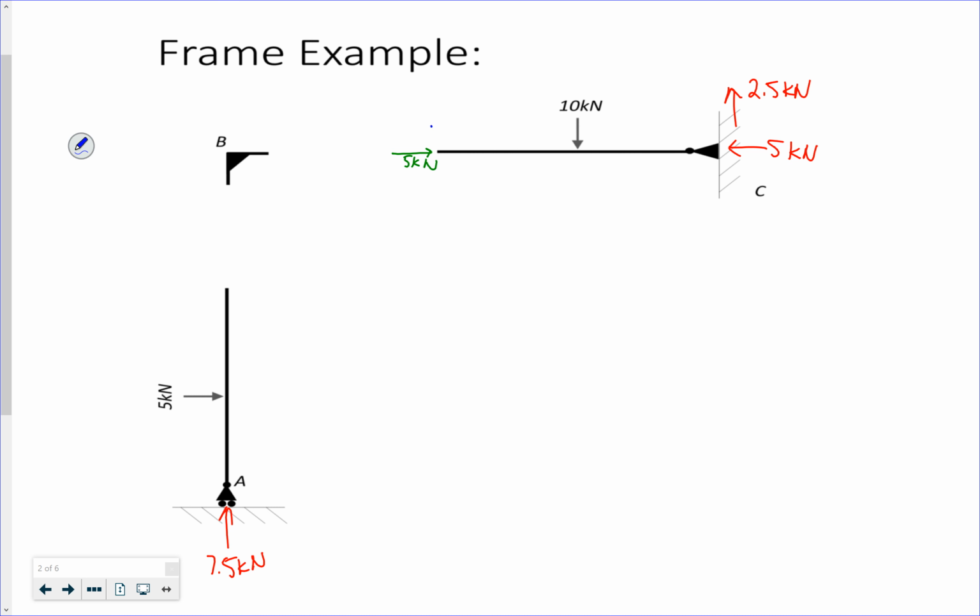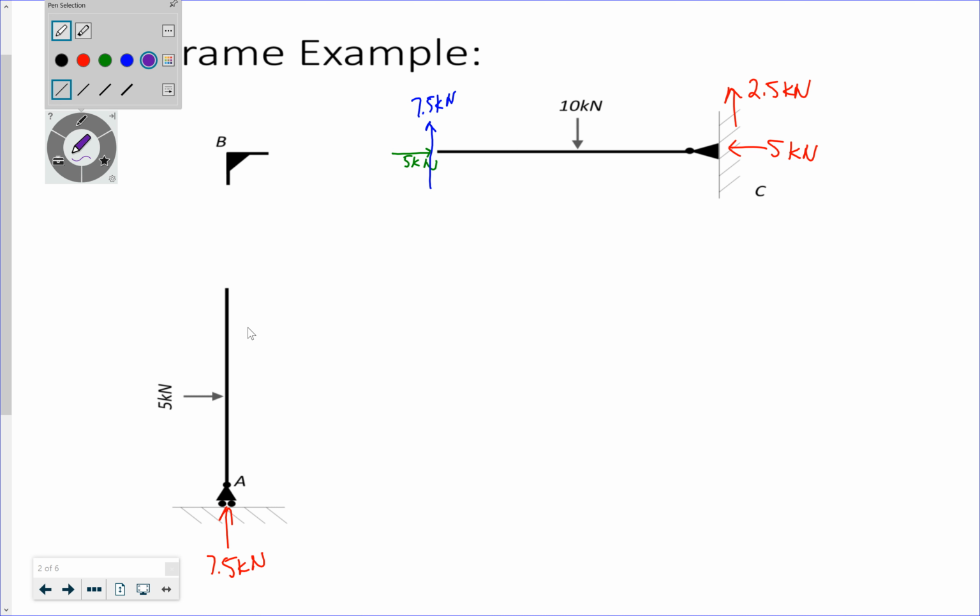Let's see. And then if I do the moment at B, because this is a moment frame, I can have moment.